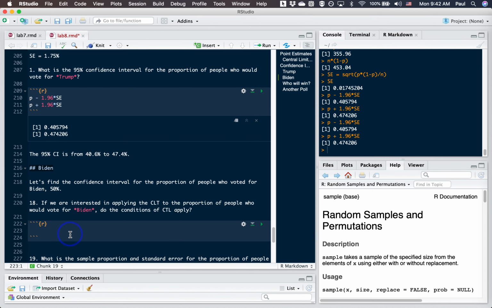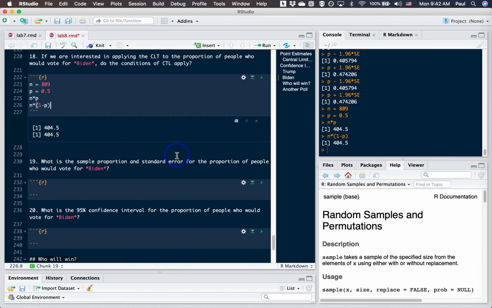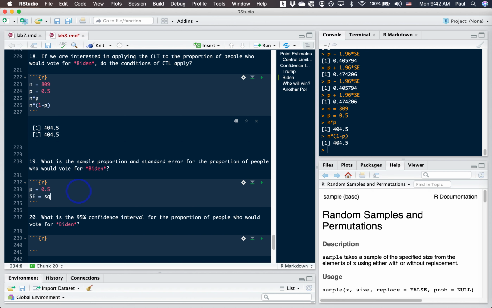So, same drill. Do the conditions for the central limit theorem apply in this case? N is the same number. P is now 50%. So I have to look at n times p and n times 1 minus p and check, do these fall above 10? And if so, we can apply the central limit theorem. So now the sample proportion is just 0.5, and the standard error is the square root of p times 1 minus p over n.